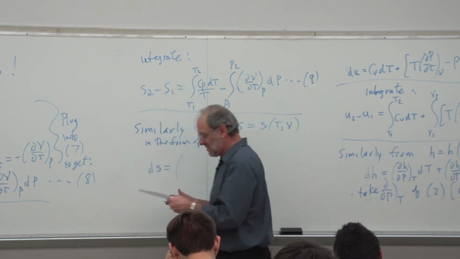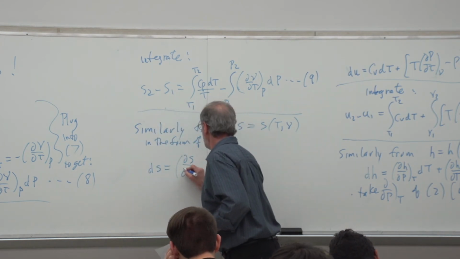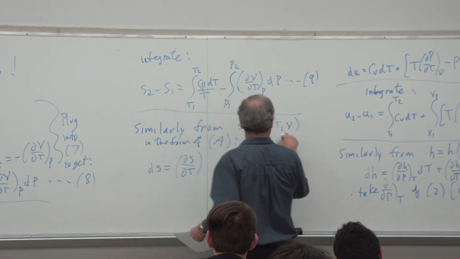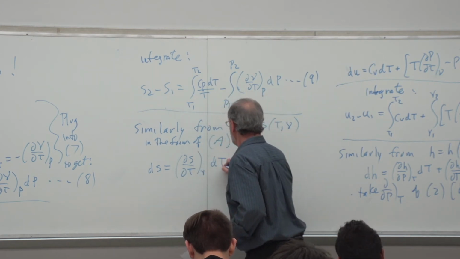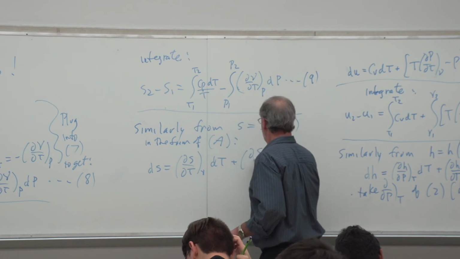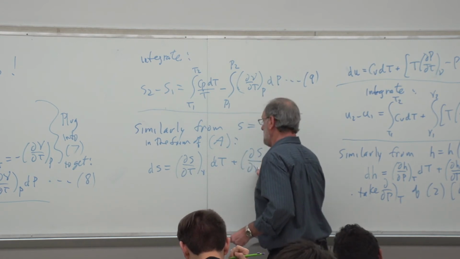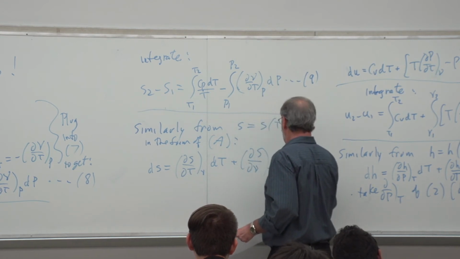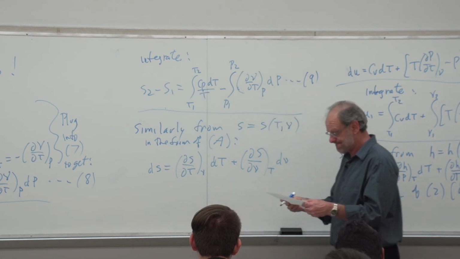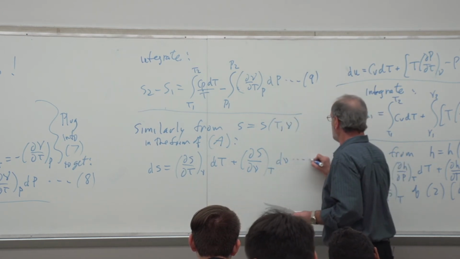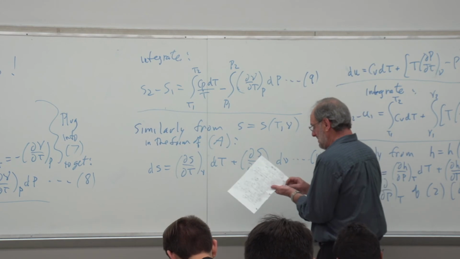So dS equals the partial of S with respect to T, holding v constant, dT, plus the partial of S with respect to v, holding T constant, dv. Okay, so this equation I'm going to call equation 10.